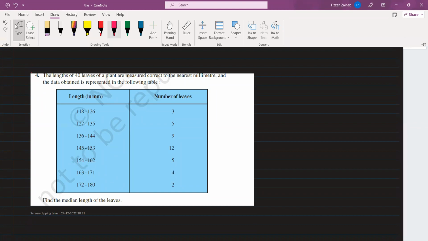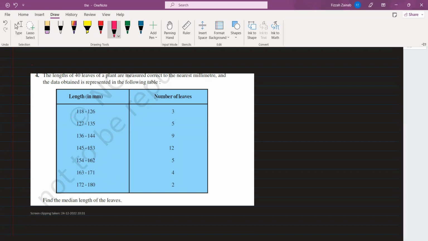Yes, Martin. See, here 118 to 126 and then 127 to 135. So there's a gap of 1. So the first step is you will make this data continuous. We did this in class 9th. What we do is from the lower limit we subtract 0.5.